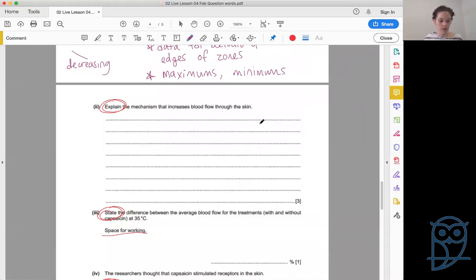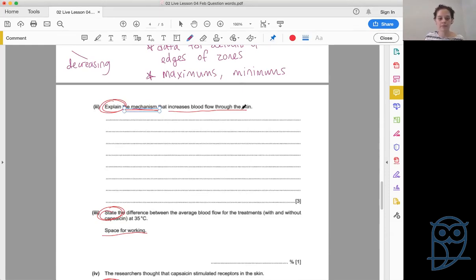Okay, so if we're asked to explain the mechanism, we want to know the biological factual details of how blood flow increases through the skin. What happens? How is it initiated? How is it controlled? How is it brought about?